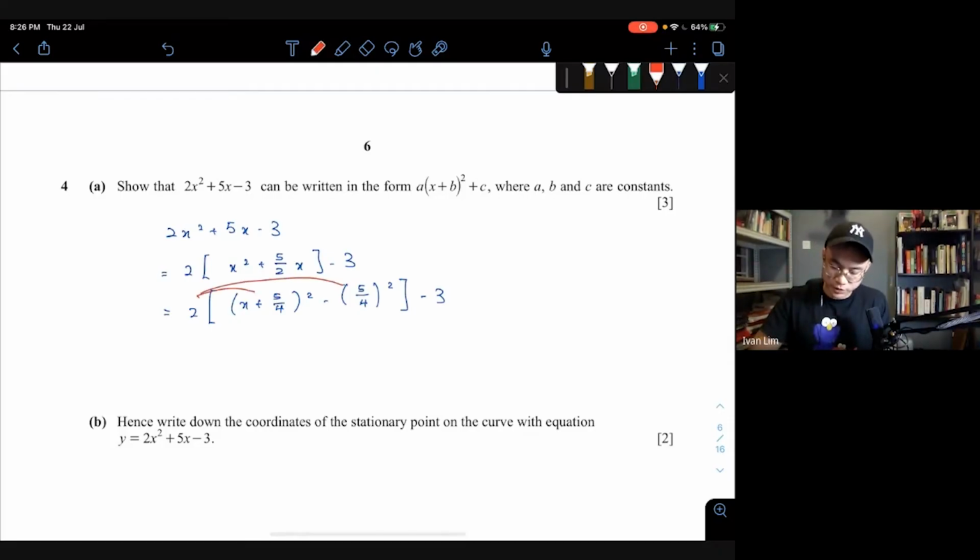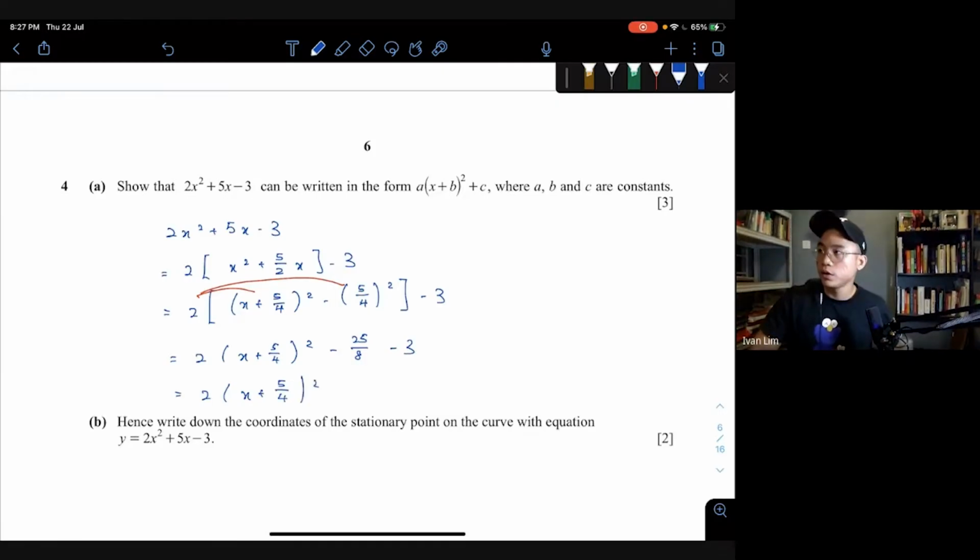Multiply this by this, and you will get 2(x plus 5 over 4) squared. For this one, you will get 25 divided by 16 times 2, so minus 25 over 8, minus 3. And you end up with 2(x plus 5 over 4) squared minus 49 over 8.